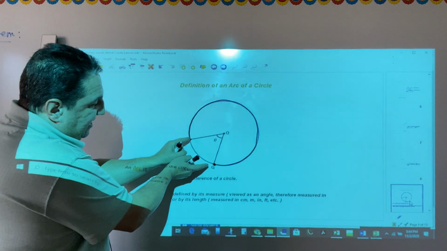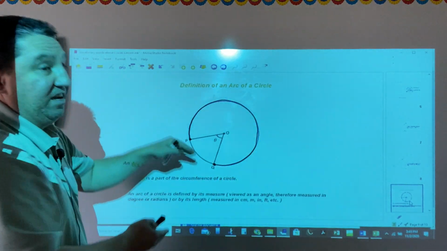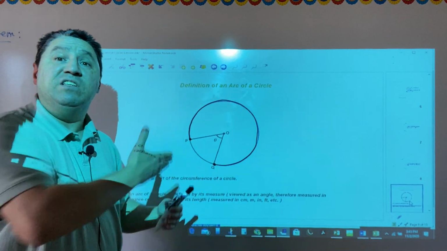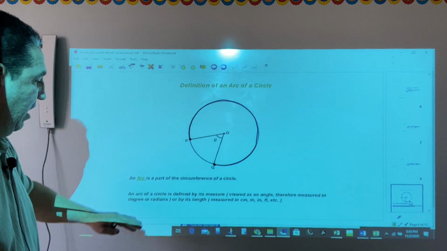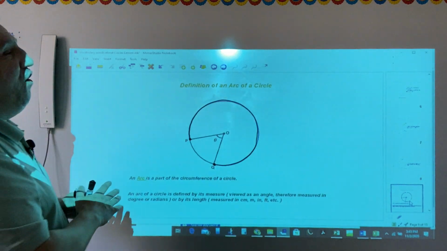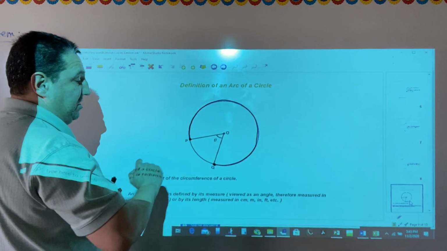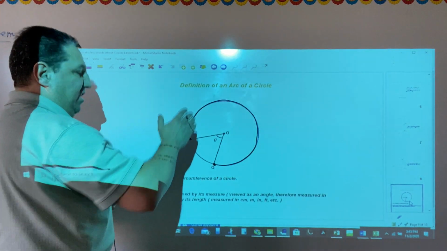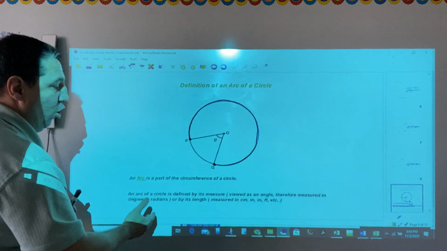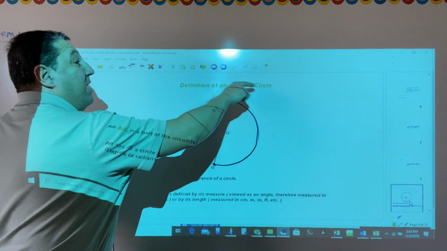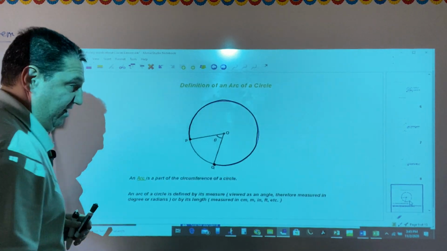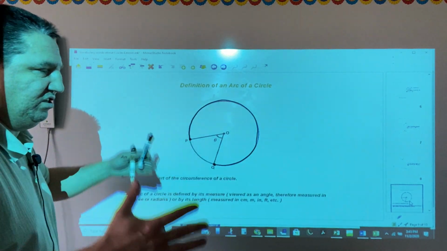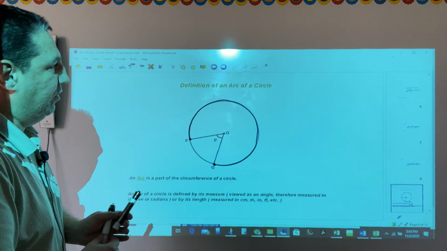As we can see, this is just a part of the circumference, and we call this part of the circumference an arc. Now, an arc is defined by either its measure, measured in radians or degrees, or by its length, which means in centimeters, feet, inches, and so on. Good.